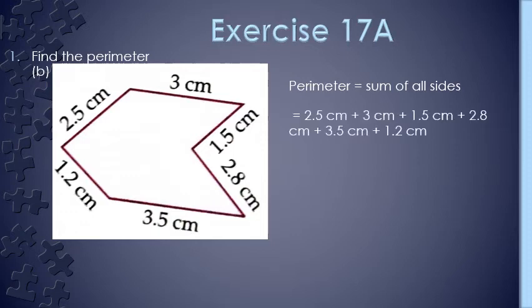So let's see what is the sum. 2.5 centimeter plus 3 centimeter plus 1.5 centimeter plus 2.8 centimeter plus 3.5 centimeter plus 1.2 centimeter, and which is equal to 14.5 centimeter. So this is the perimeter of this figure.